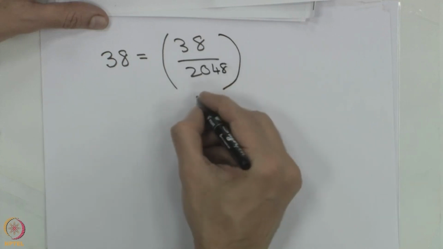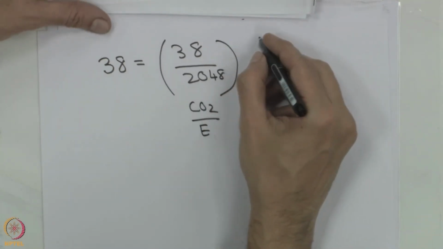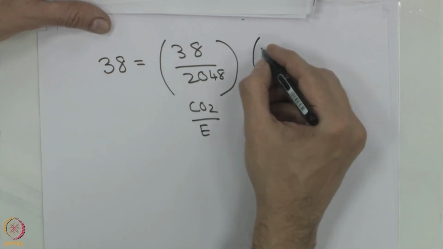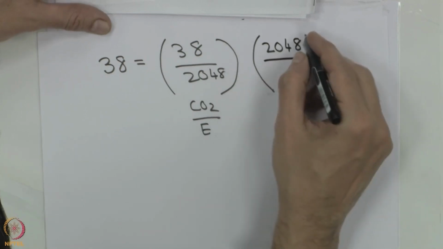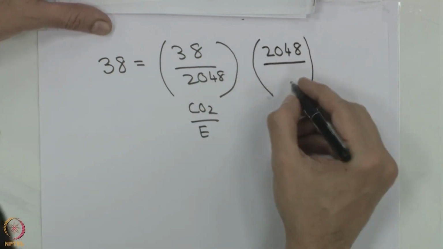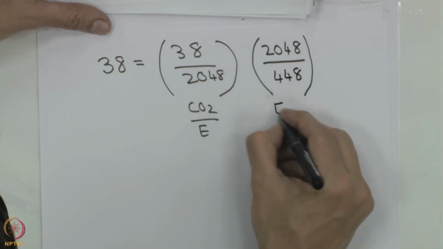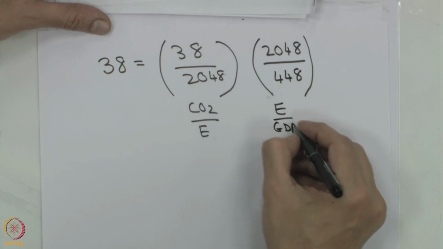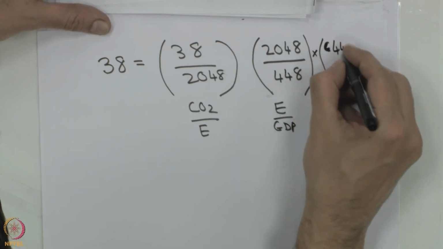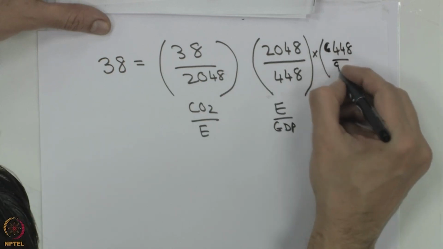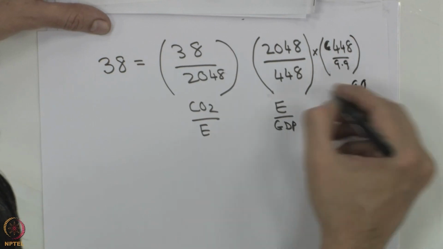This is CO2 per unit energy into energy per unit GDP, E by GDP, into GDP per population, into population.